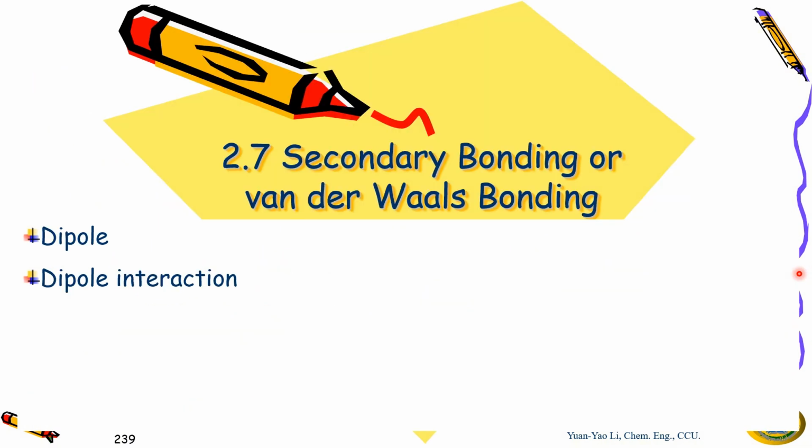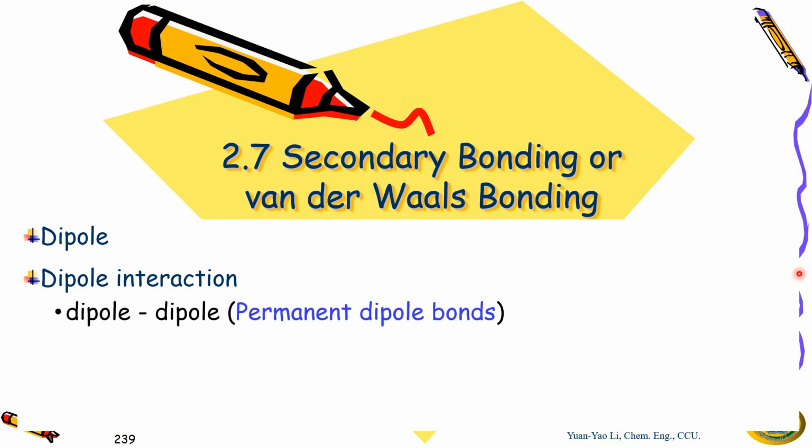Now let's move to section 2.7, secondary bondings. Secondary bonding is sometimes called van der Waals bonding. The first topic we are going to talk about is dipole. The second one is dipole interaction, and there are three types of dipole interaction.